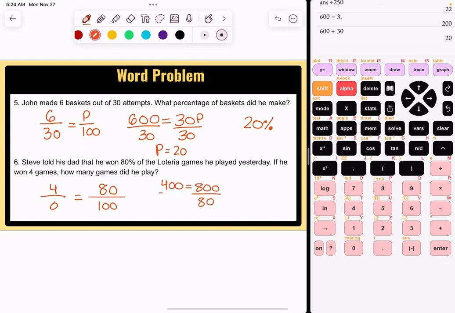Divide by 80. That's 5. So he played 5 games. He won 4 of those, so that means he won 80% of the games. Good job.